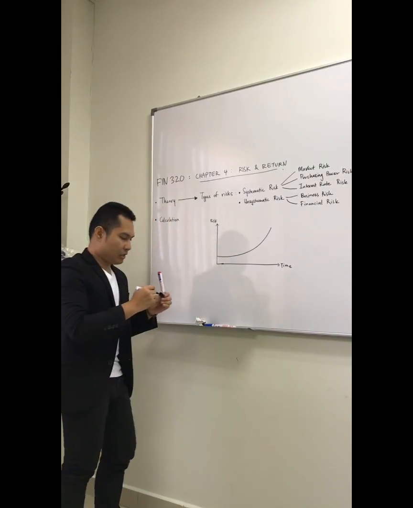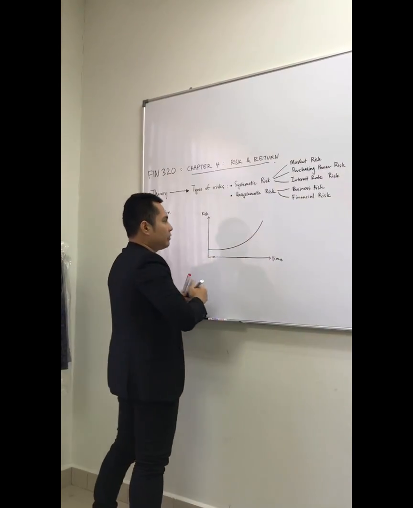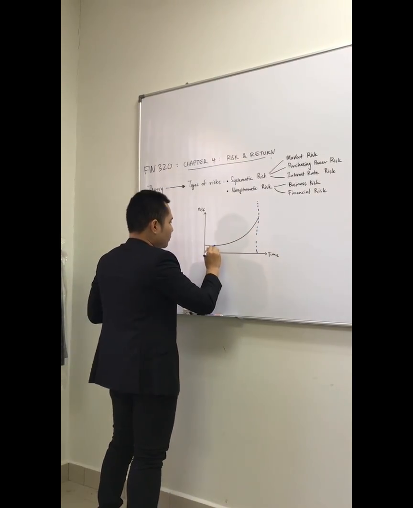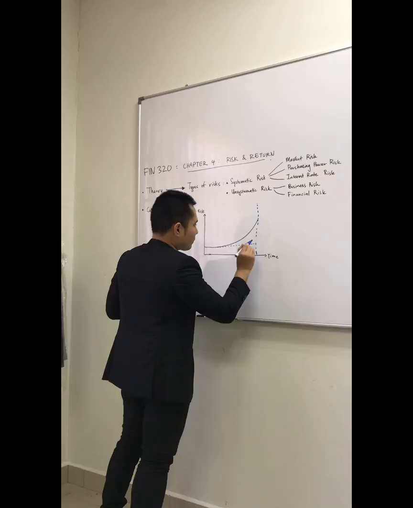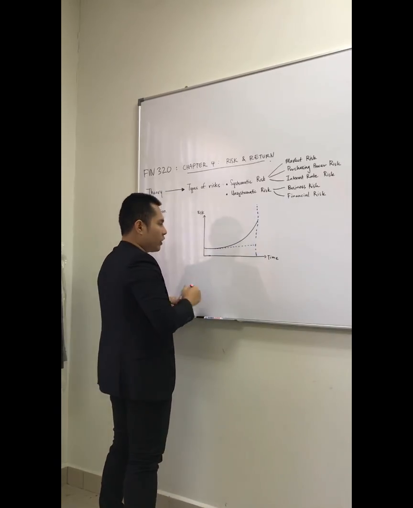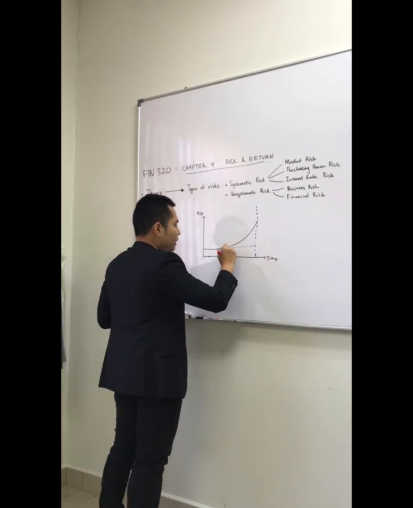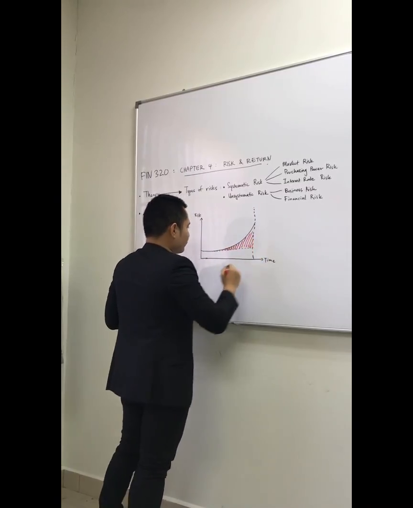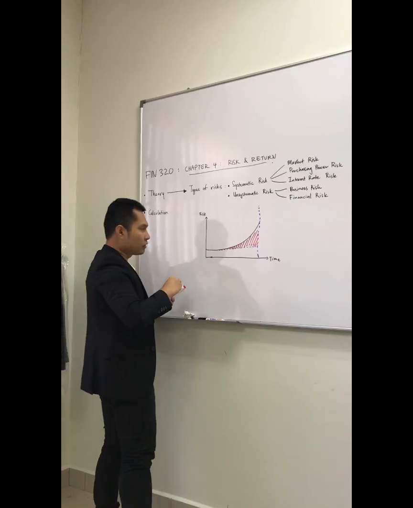What does this mean? It means you have two parts of the graph. One is this part, and another one is this part.